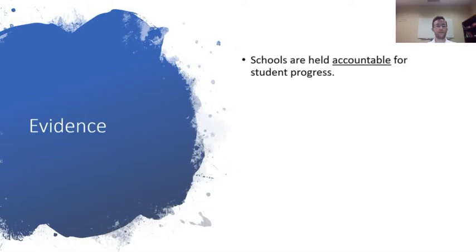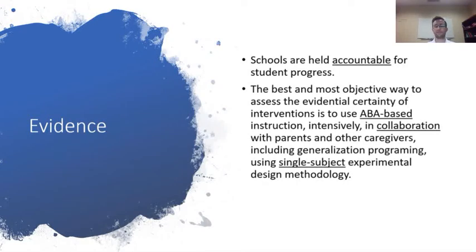Next is evidence. Schools are held accountable for student progress. The best and most objective way to assess the evidential certainty of interventions is to use ABA-based instruction intensively, in collaboration with parents and other caregivers, including generalization programming, using single-subject experimental design methodology.